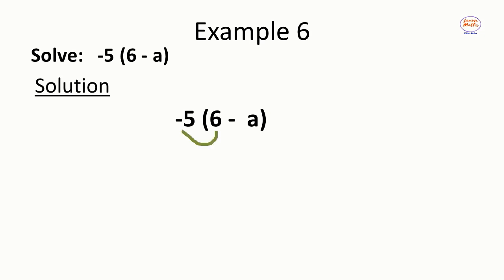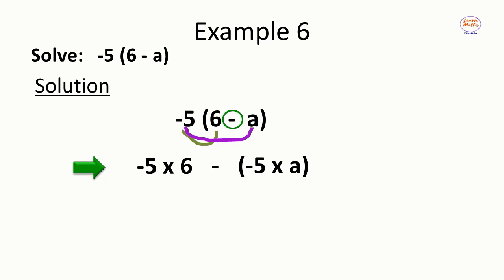So we've been doing, just multiply the number before the bracket and the first number in the bracket, then you have minus 5 times 6. Don't forget what I said about not changing the sign. Keep it as subtraction, then open a bracket and do minus 5 times a.